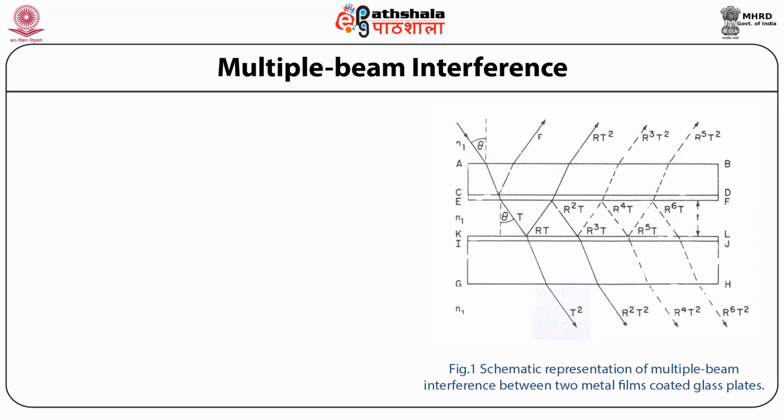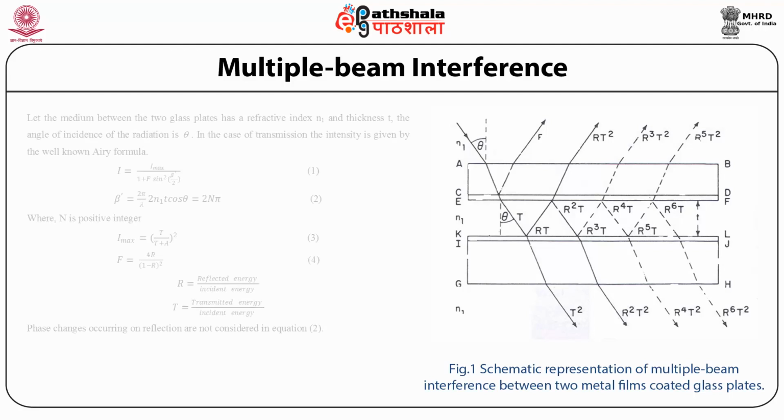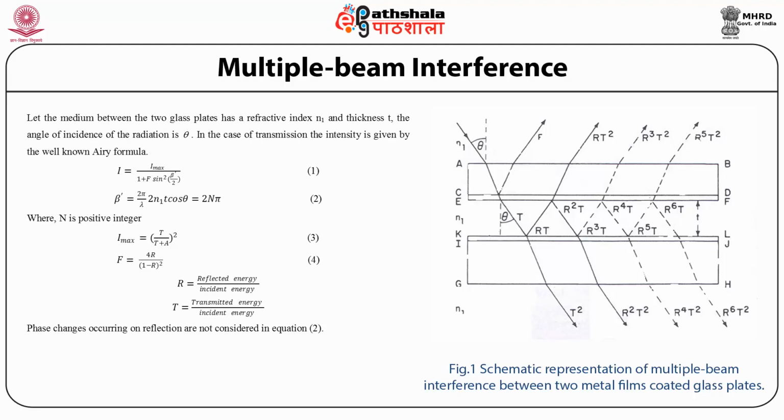In figure 1, we can see the schematic presentation of multiple beam interference between two metal film coated glass plates. Let the medium between the two glass plates have a refractive index n1 and thickness t. The angle of incidence of the radiation is theta.